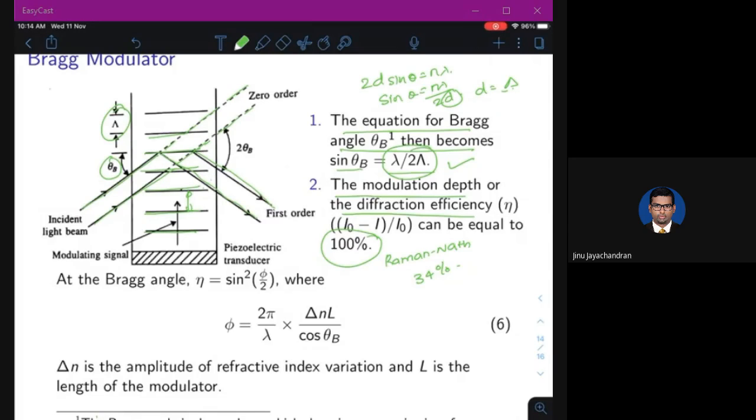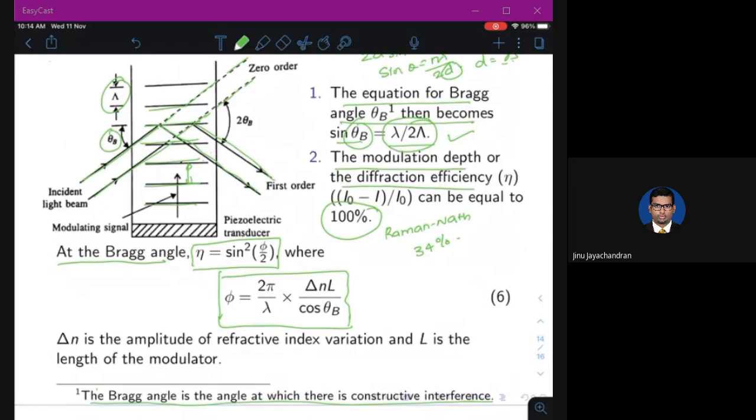And at Bragg angle, that is at theta b, the efficiency eta is equal to sine square phi by 2, where phi is given by this equation. This is for your reference, just for completeness. Delta n is the amplitude of refractive index, L is the length of modulator.